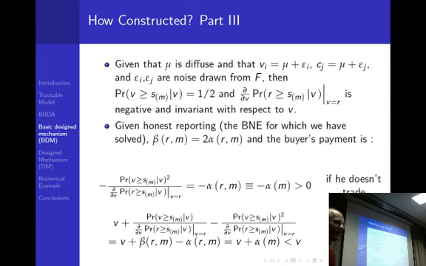In other words, it's just going to be constant throughout. And so, given honest reporting, and that's a Bayes-Nash equilibrium, the buyer's payment, if he doesn't trade, is negative alpha m. That's a payment to the mechanism designer. You didn't trade, but give me money.